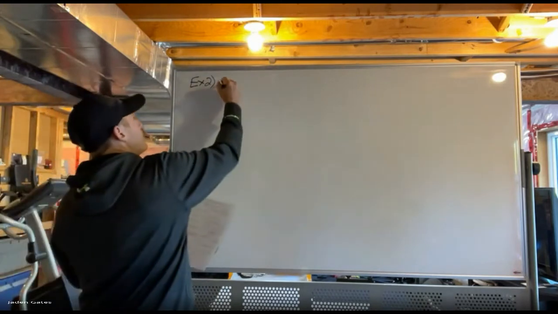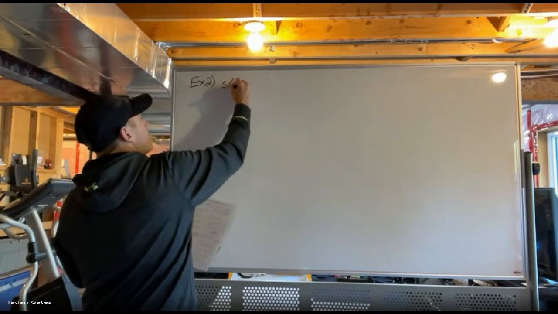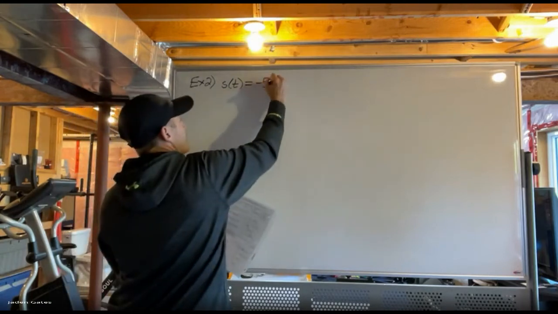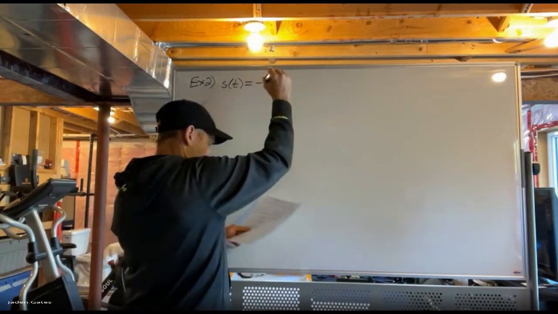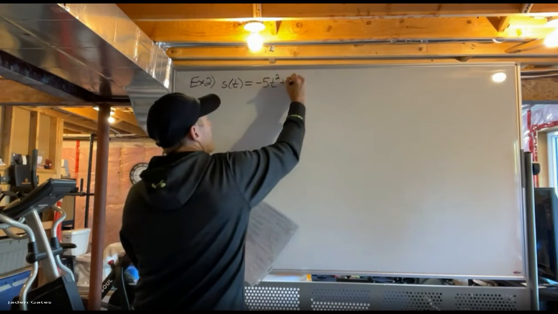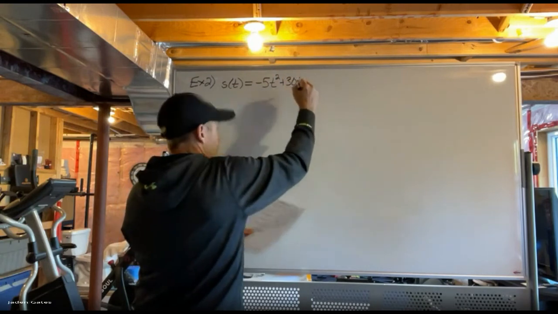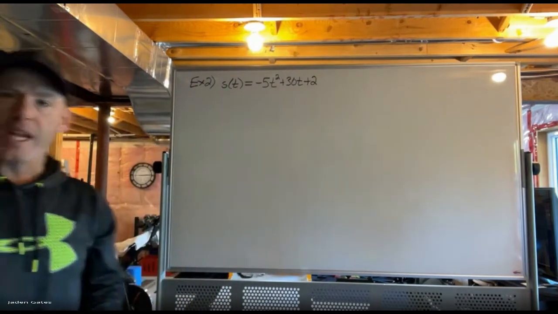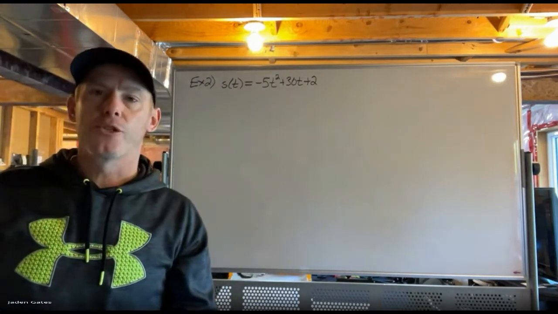S of t is equal to -5t squared plus 30t plus 2. And we're looking for what is the velocity at t equals 2 seconds.